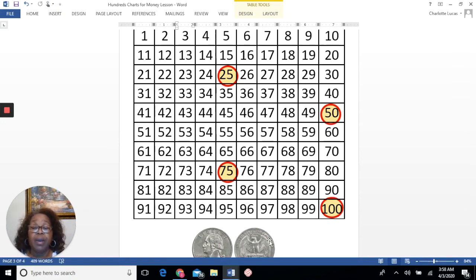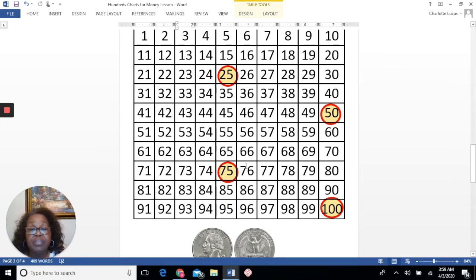We need 83 cents. 25, 50, 75. That's 3 quarters. Another quarter would be a dollar. That's too much. So 75, down 10 cents more would be 85. That's too much. So 75, 80, excellent.